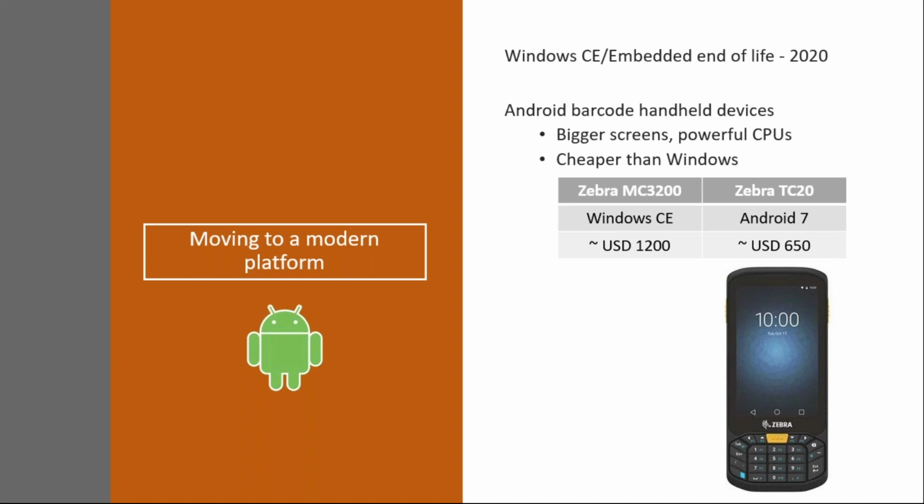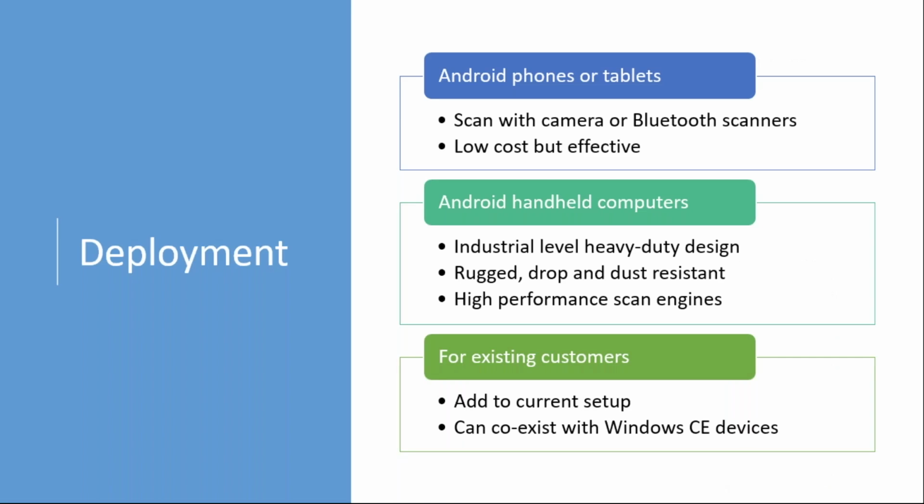Otherwise, you're going to need to look at new handheld devices. And when we talk about handheld devices, you can use Android phones or tablets, or handheld computers, or Apple smartphones, Apple iPads. All of those are perfectly legitimate application hardware devices to use with AutoSimply barcode.